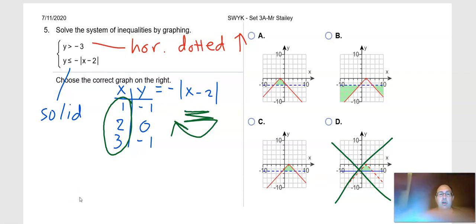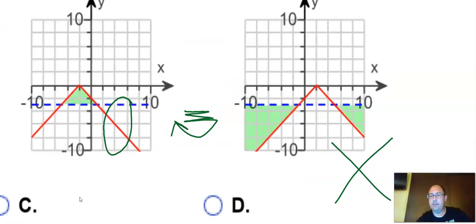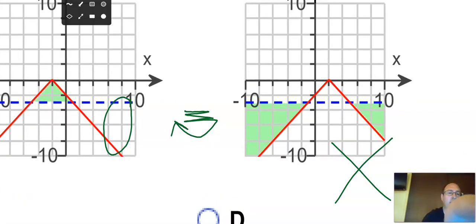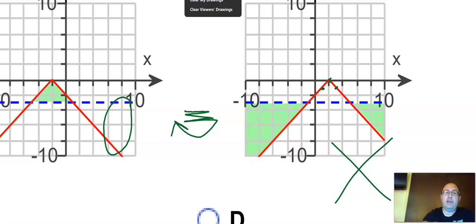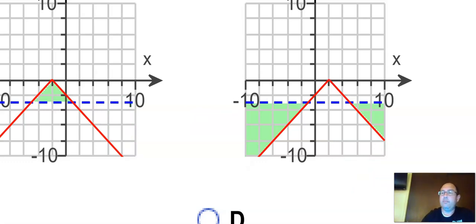I'm going to have to actually zoom in for this. But 1, -1 is actually sitting right there, and 2, 0 sitting right there, and 3, -1 is sitting right there. So that's a little bit nasty. Didn't really like that one.